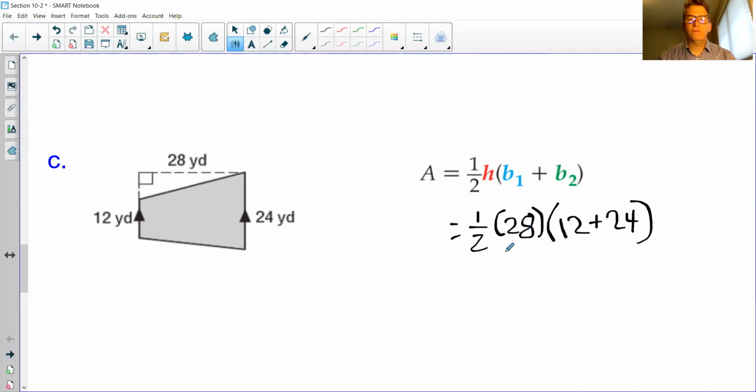One-half times 28 is 14, and 12 plus 24 is 36. And your letter C is 504 square yards. Area of a trapezoid.